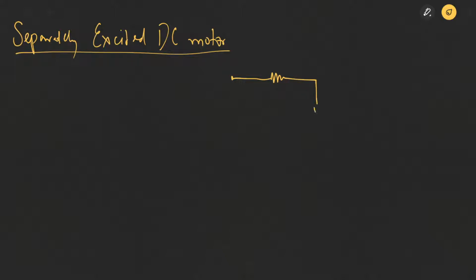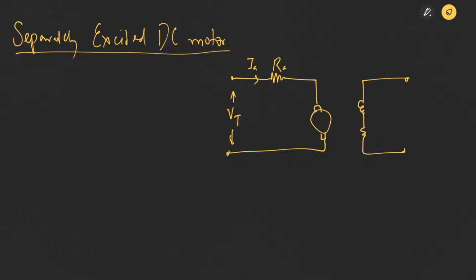If we look at the equivalent circuit diagram of a separately excited DC motor, you will have an armature resistance here. So you have a separate armature circuitry, and you'll be supplying a voltage Vt to the armature circuitry. A current Ia will flow through this circuit, the resistance of this armature being Ra, the induced voltage across the armature being Ea.